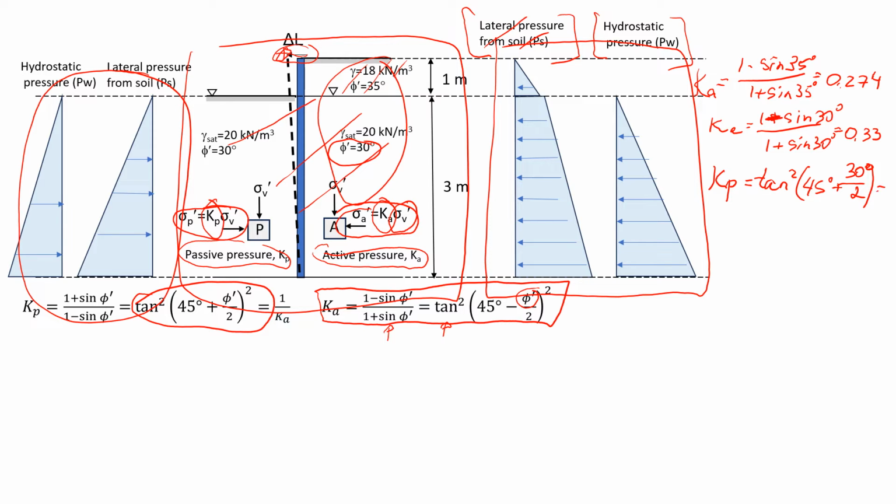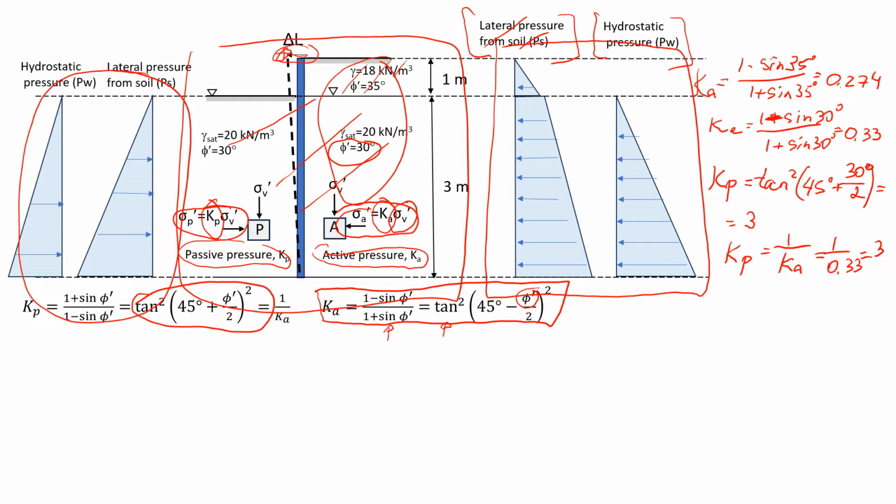So that should approximately give us a value of 3. Another way to do that, this coefficient of passive pressure, it's the reverse of coefficient of active pressure, right? 1 divided by 0.33 will approximately give you 3.